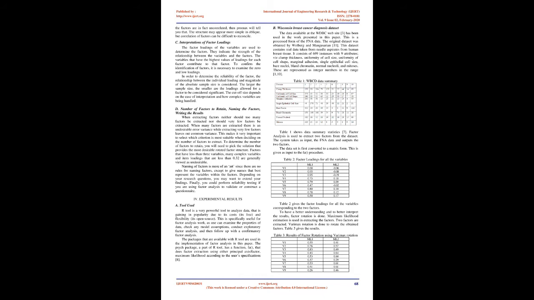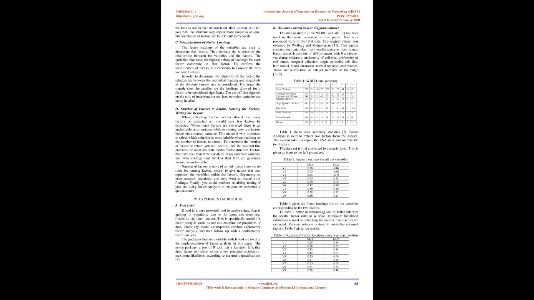C. Interpretations of factor loadings. The factor loadings of the variables are used to determine the factors. They indicate the strength of the relationship between the variables and the factors. The variables that have the highest values of loadings for each factor contribute to that factor. To confirm the identification of factors, it is necessary to examine the zero and low loadings.